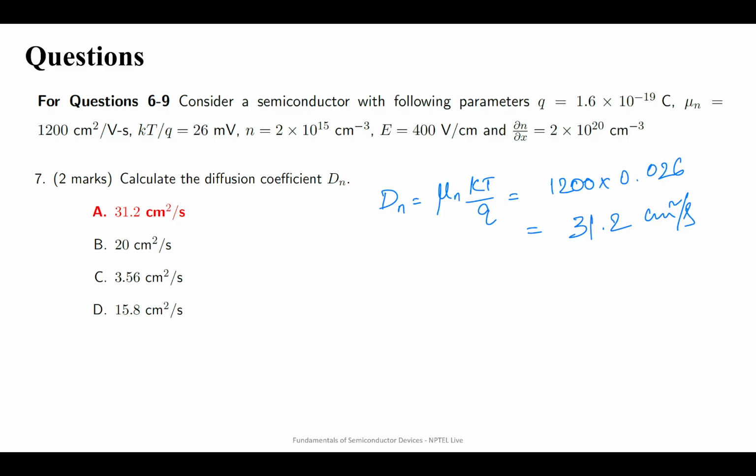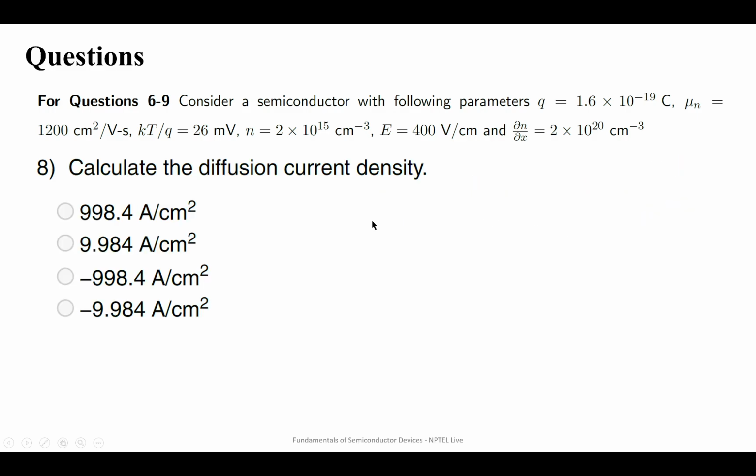That is correct. Your Dn will be 31.2 centimeter square per second. So Dn is mu n kT by q. Mu n is 1200, kT by q is given as 26 millivolts. So multiply, you will get 31.2.